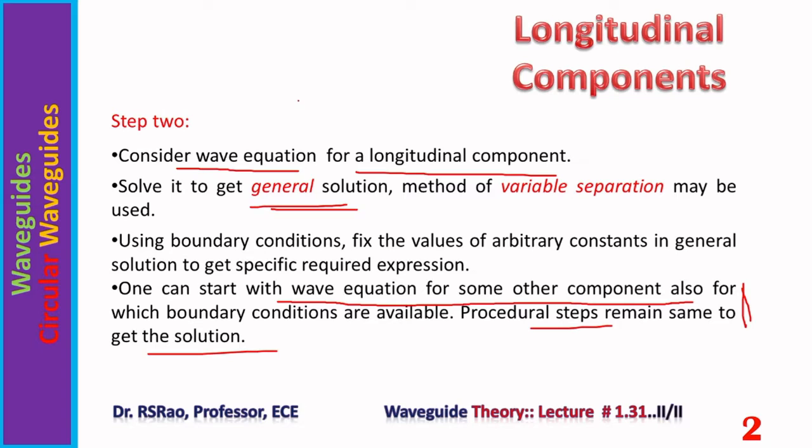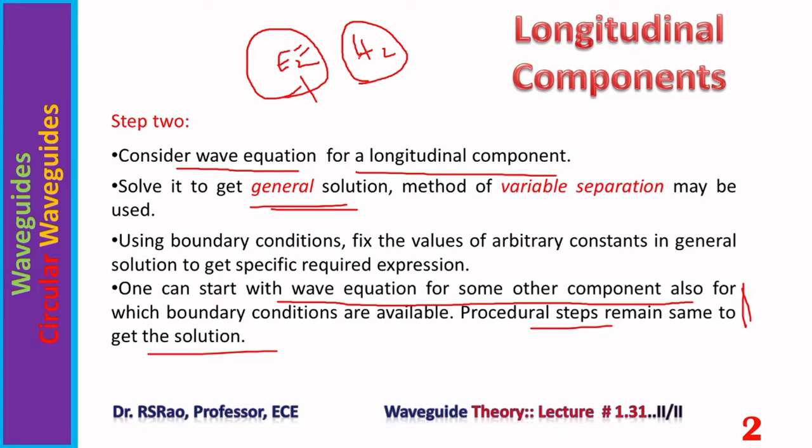What does it mean? What we require right now is Ez and Hz. Boundary conditions are available on Ez. Boundary conditions are not available on Hz. You can solve the wave equation in Ez, you get the general solution, boundary conditions are available, then you get the specific solution. We are successful as far as Ez is concerned.